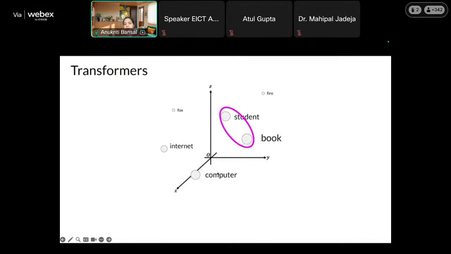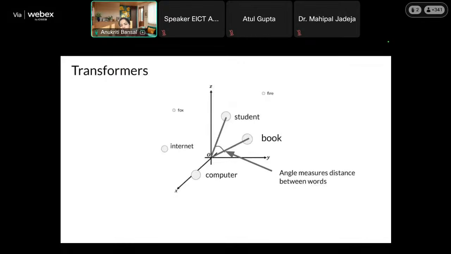And we can get how similar these two words are by measuring the angle between these two words.